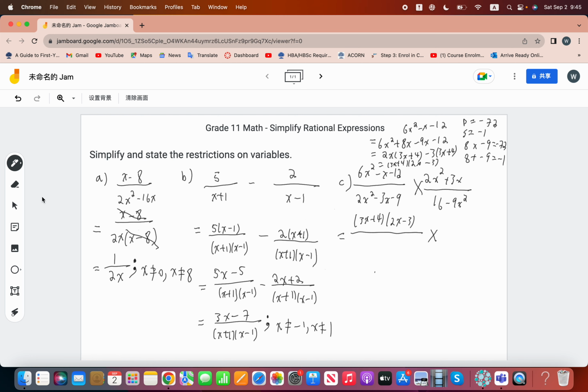Now I'm going to factor 2x squared minus 3x minus 9.